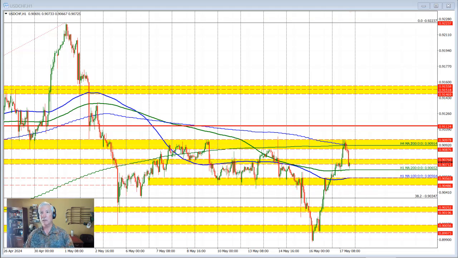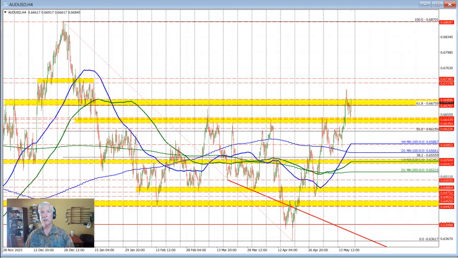Finally, let's take a look at the Aussie versus US dollar. I'm going to look at the 4-hour chart here at first, and we can see how the low price in trading here today came down to test the high of this swing area going back in time.